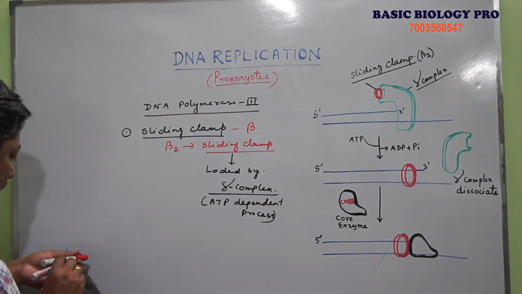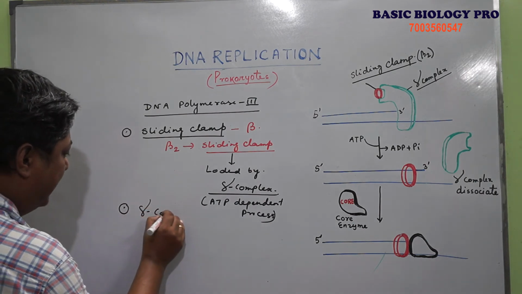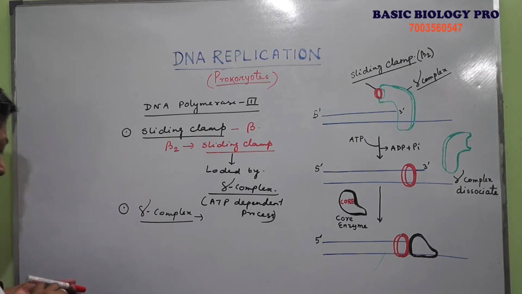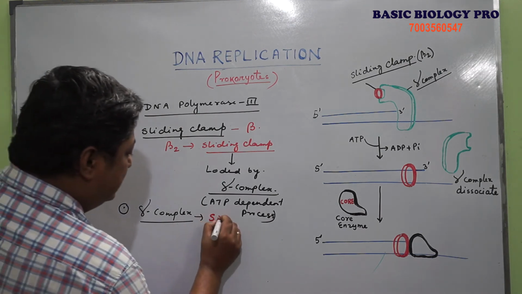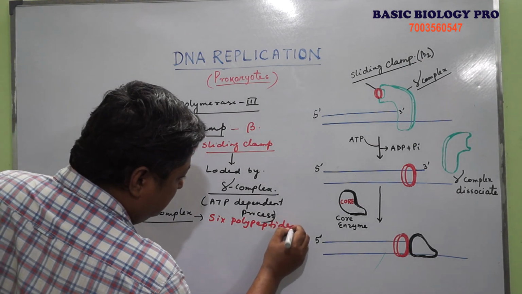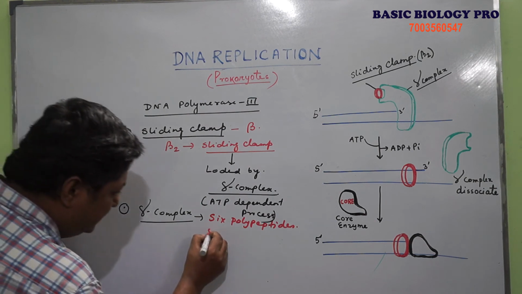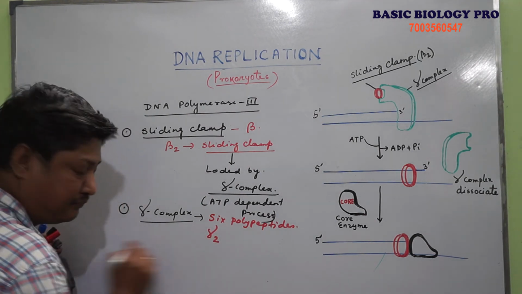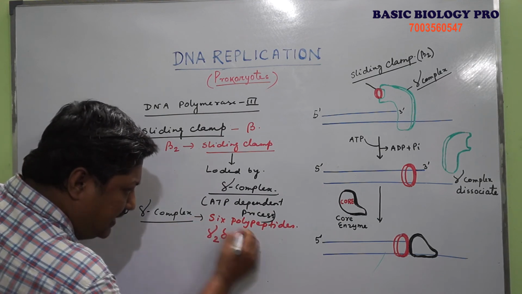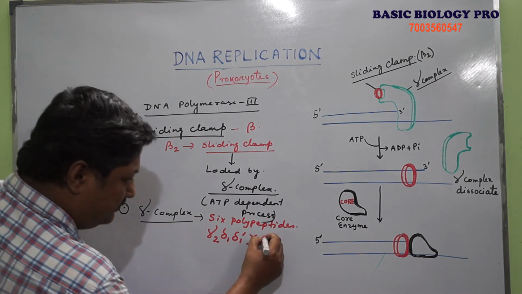Now this gamma complex consists of 6 polypeptides but has 5 subunits, and these subunits are gamma 2, delta, delta prime, chi and psi.